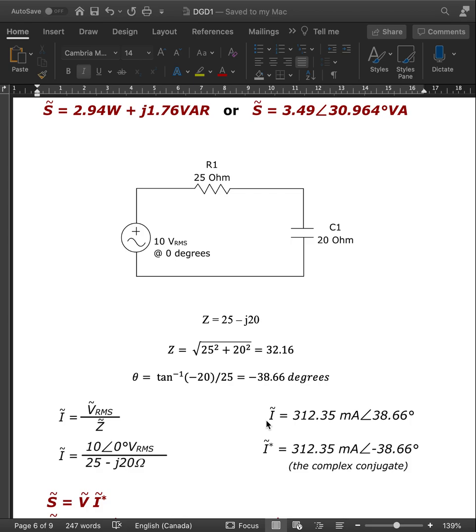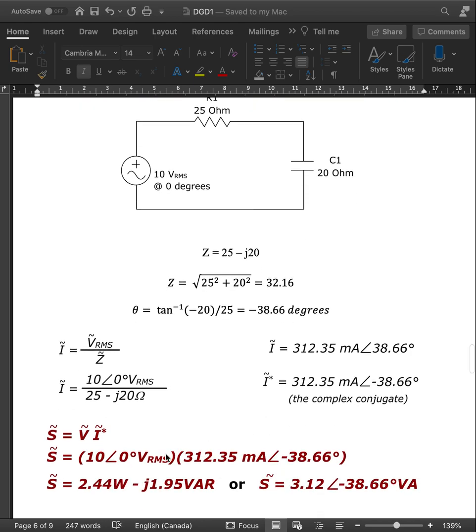And as we said before, we use the conjugate term in there, so I conjugate it. The only thing that changes again is just the angle, so from positive it becomes negative in this case. So we have 312.35 milliamperes angle negative 38.66, and we go again to find the power in the same steps.